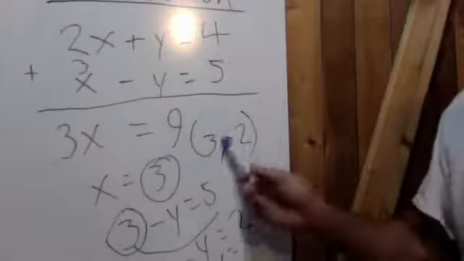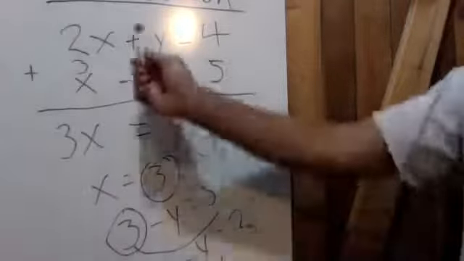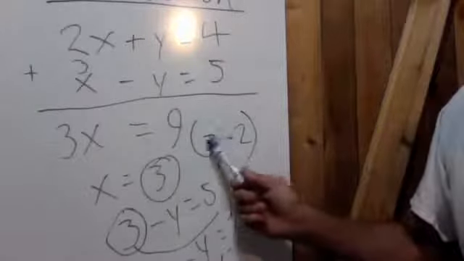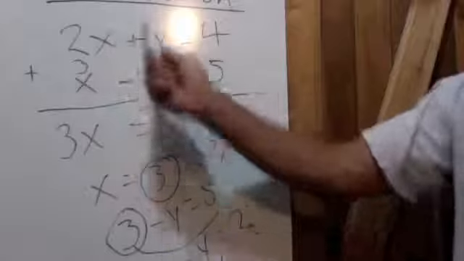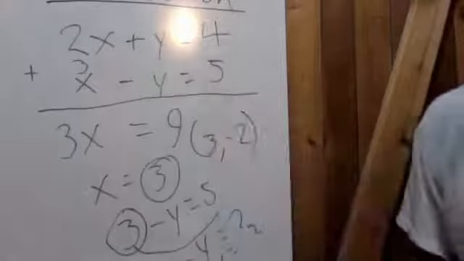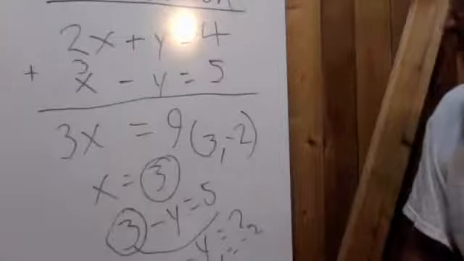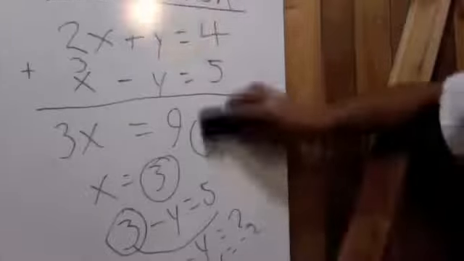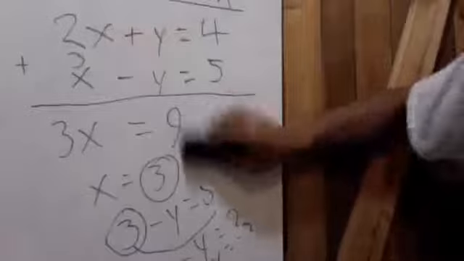Remember, that's the point in space where these two lines are crossing. The other way to think of it is this is the x and y that make both of these true at the same time. So (3, -2). Do you see how elimination helped us there? I personally think that's a bit easier than substitution.